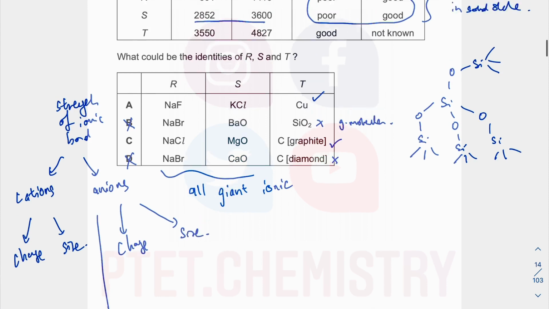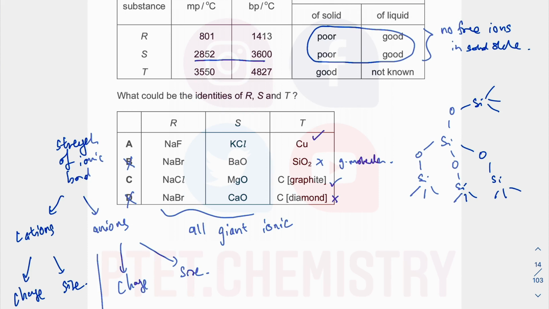All right, so obviously we want a stronger ionic bond for S because it has a higher melting point and boiling point than that. When you look at NaF and KCl, K plus is going to be bigger than Na plus, Cl minus is going to be bigger than F minus.